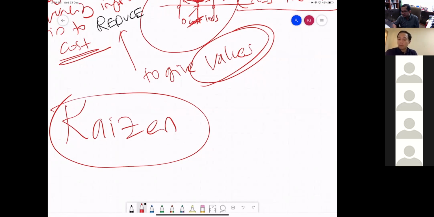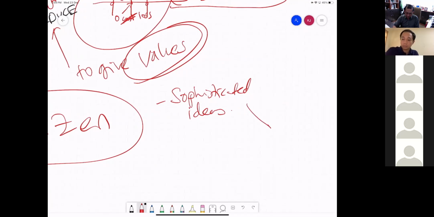Maybe because we are Malaysian, when we proposed for Kaizen, we gave sophisticated ideas, which require money.